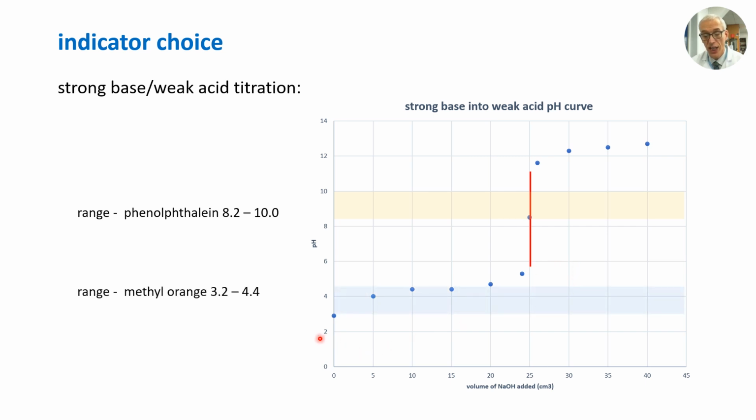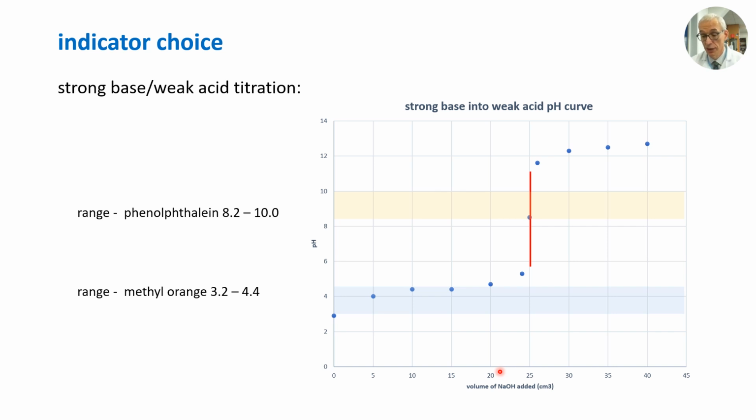If we contrast that with methyl orange, 3.2 to 4.4, we'll see that to effect the change of color of methyl orange, we need to go from 3.2 to 4.4. Well, we're going to have to add around about 20 centimeters cubed of sodium hydroxide.